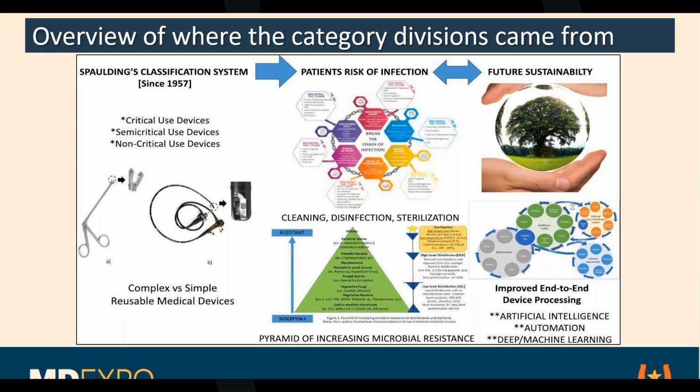And they wanted to tie the classification, and I think this was brilliant, that they did a good job thinking this through, for critical use devices versus semi-critical use devices versus non-critical use devices.